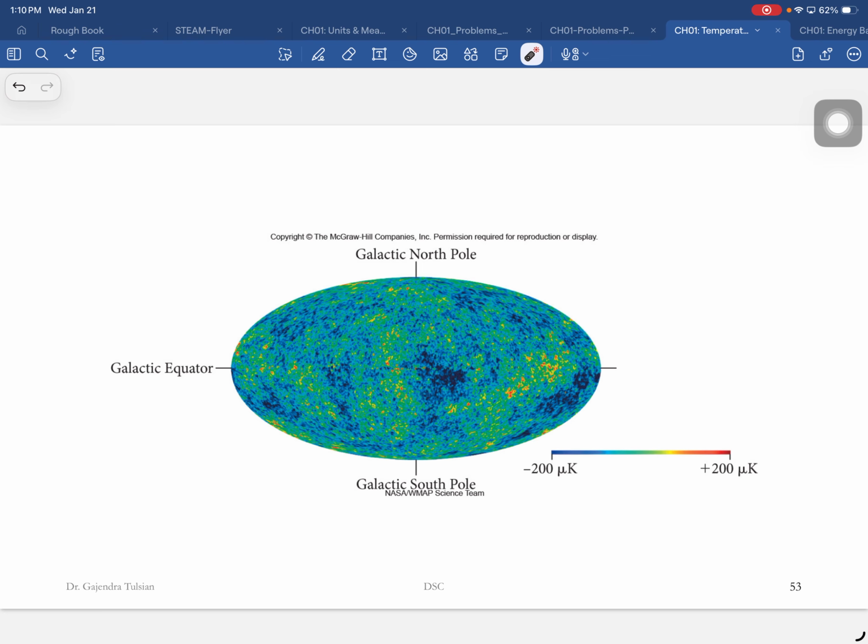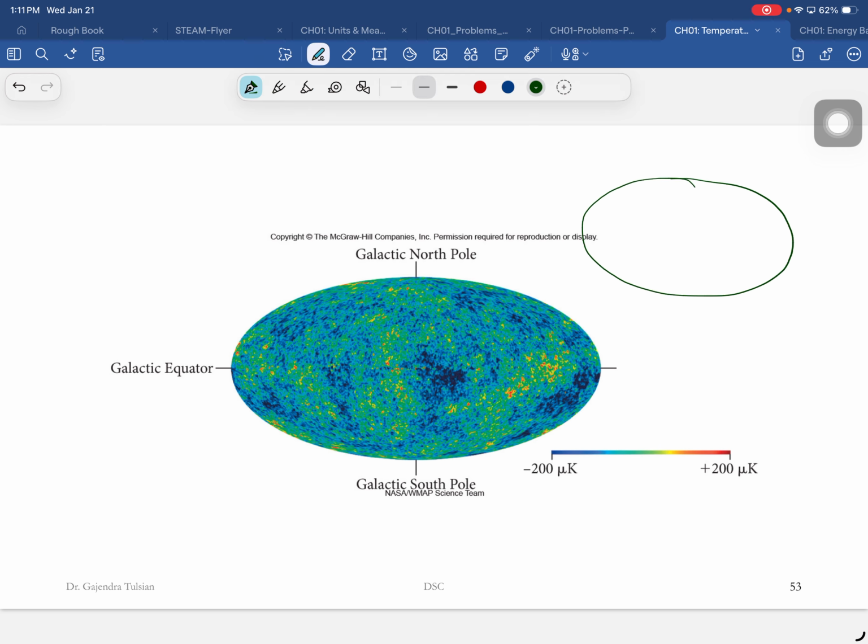And this measurement won the Nobel Prize. Do you guys know why it was important to measure this? So in the 1970s, they had measured this, and the temperature was even 2.73 degree Kelvin, or whatever that number is. And then they had to look hard for these fluctuations. It was a harder measurement. But measuring this fluctuation was important. Why do you think so?